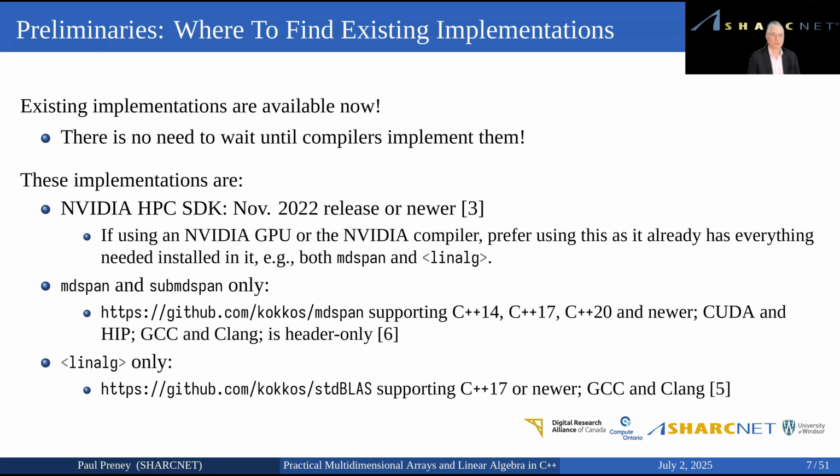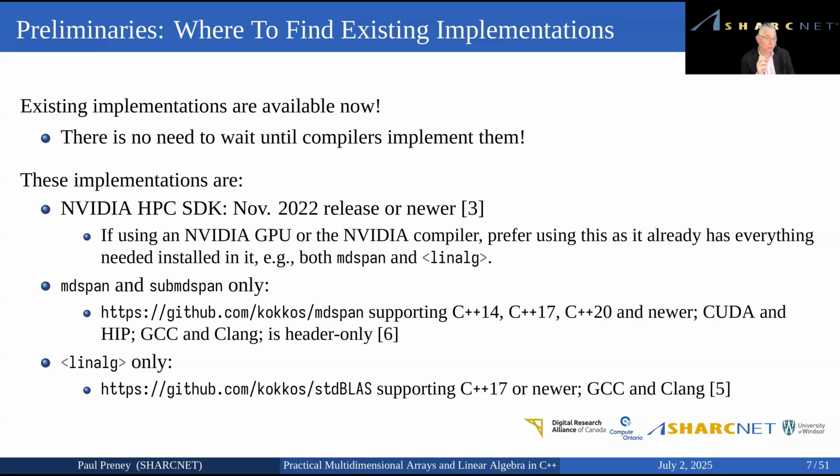Everything I'm talking about today can be done using existing implementations. You do not have to wait for a newer version of your compiler to come out with support for a newer standard. So I'm assuming if you're using this today, you're using it with these implementations.